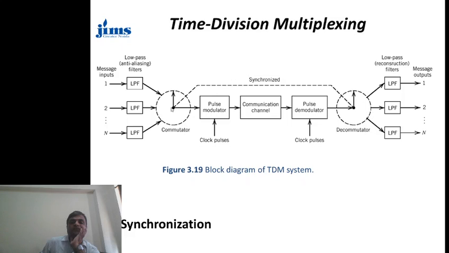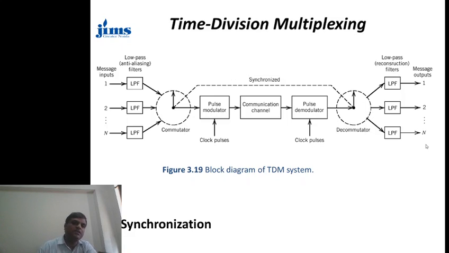This transfers message 1 to message output 1, message 2 to message output 2, and vice versa. Basically, this depends upon whether message 1 is delivered to output 1 or to output 3. Accordingly, the whole system is synchronized.